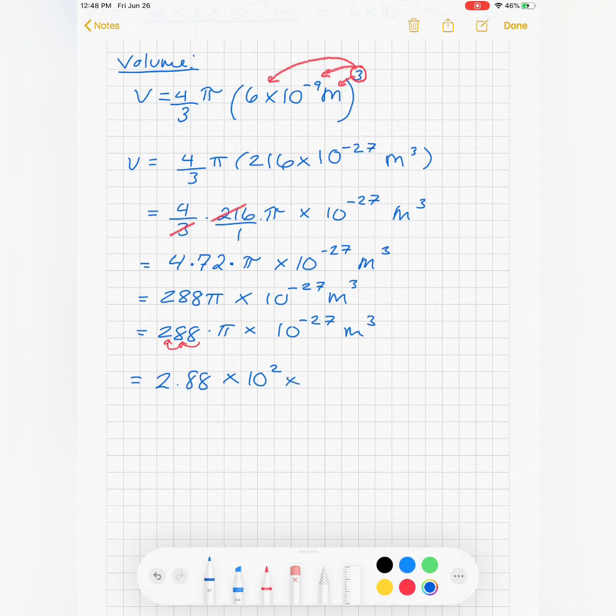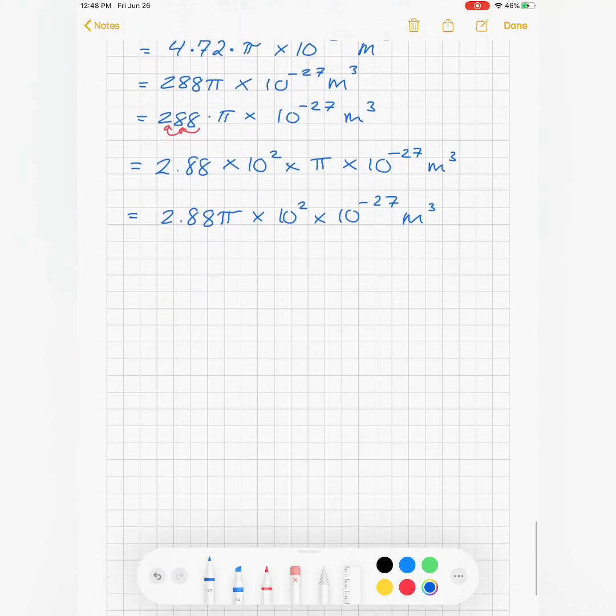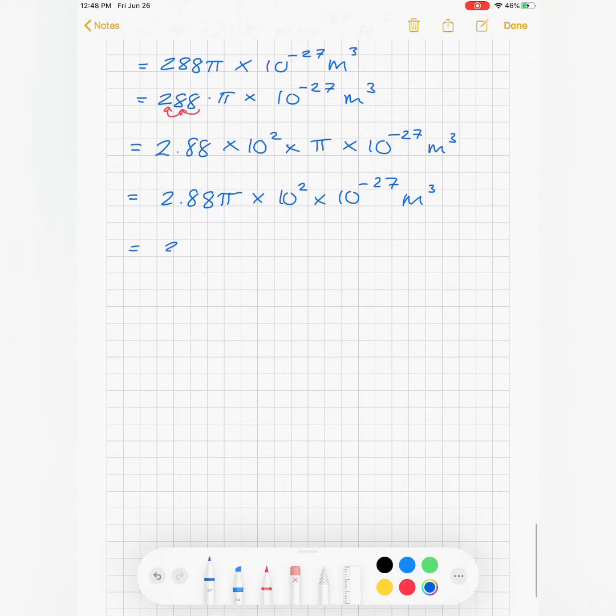So then what's the rest of this? Pi, and then my 10 to the negative 27th. So now let me rearrange. Put my exponentials together here. So it looks like 2.88 pi times 10 to the negative 25th cubic meters is the volume. So that one's a little more interesting.